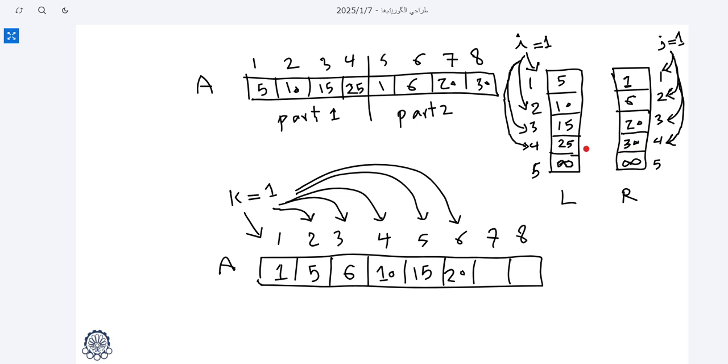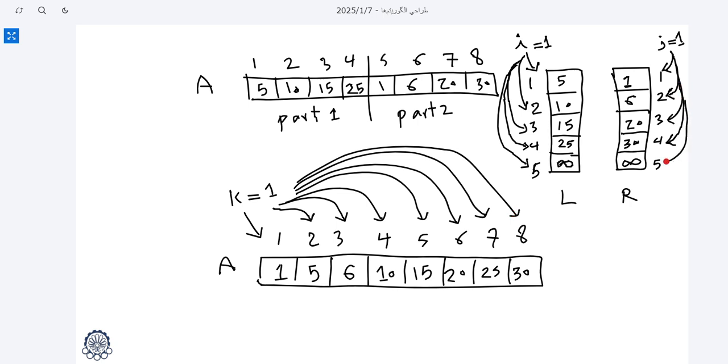Now we compare 25 and 30. 25 is minimum, so 25 is copied, its index is increased, and the index of i is also increased. Now we compare infinity and 30. 30 is minimum, so 30 is copied, index k is increased, and index j is also increased.